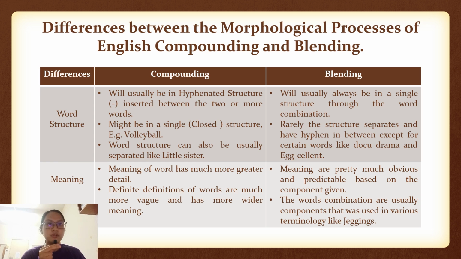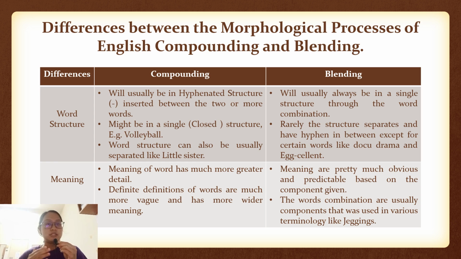The same goes for docudrama, which has a space in between. But overall, the blending process will usually not have any space or hyphen in between, and the word structure will usually stay in a single form.